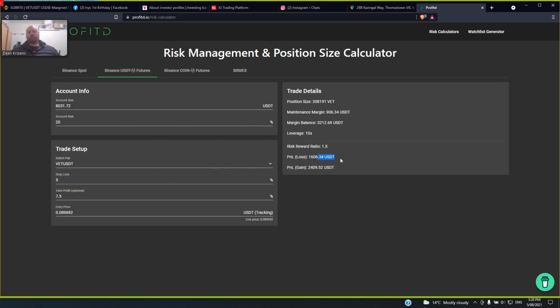But yeah, then you're going to have to be like, oh well, I'm going to see a little bit of red. It might dip all the way down to negative 1,000, and then come all the way back up and hit your take profit. So that's where the psychology of it comes in: how much are you going to be happy seeing in the red.